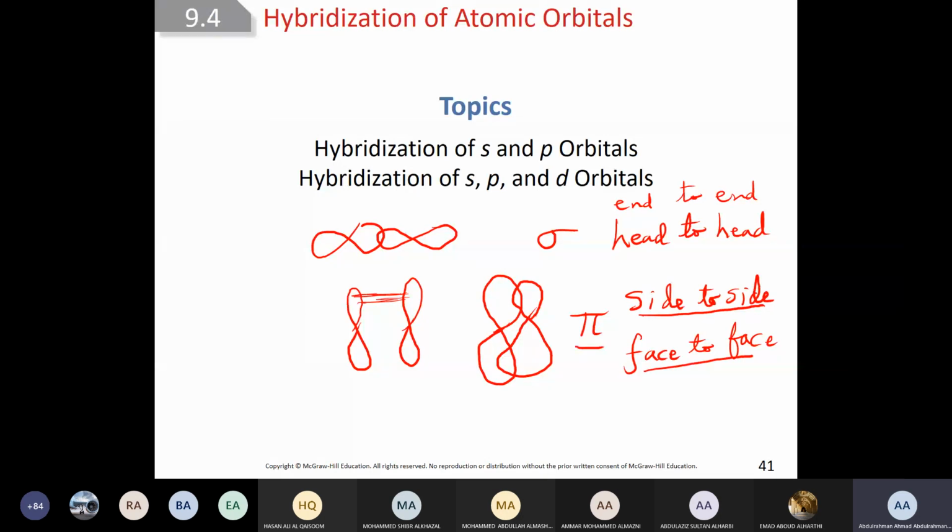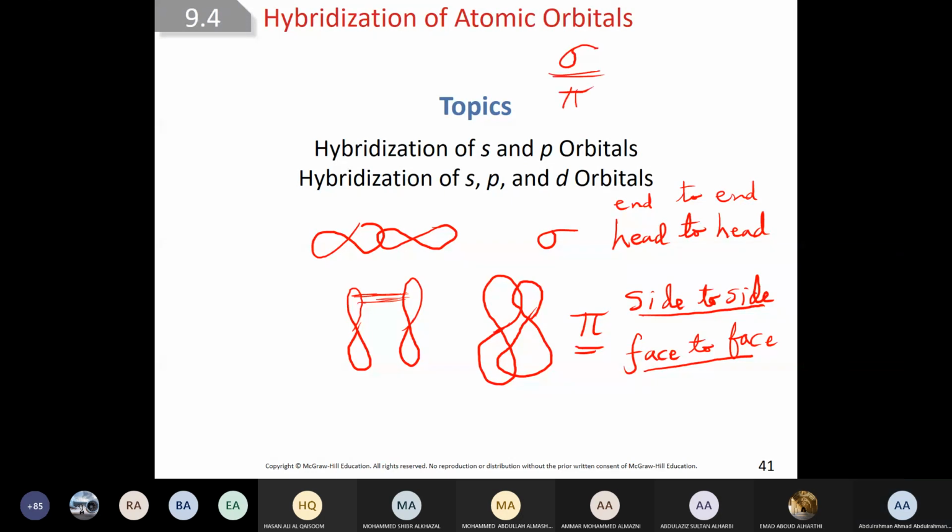What do we call it? Pi. You have to know this type of interaction. Is this clear? Any question? So we have two important bonds. The first one is called sigma. The other one is called pi.